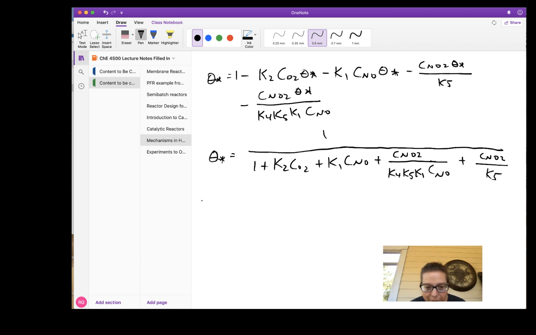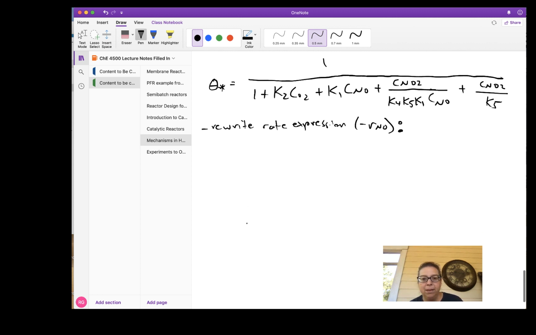So now I can rewrite the rate expression. In other words, I'm going to rewrite my rate of consumption of NO for this example.